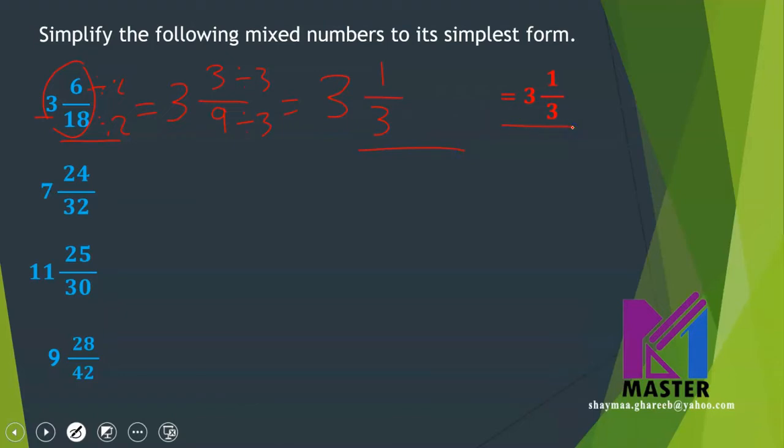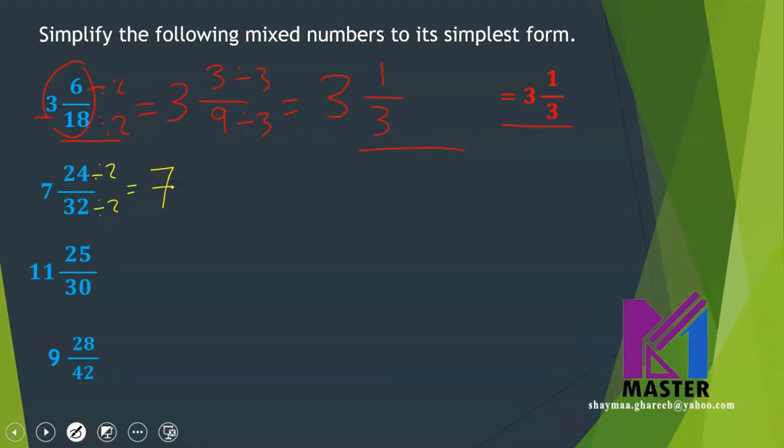Okay? Now let's see the second example. I have 7 and 24 over 32. I can divide by 2 up and down, so let's do it. We said what?